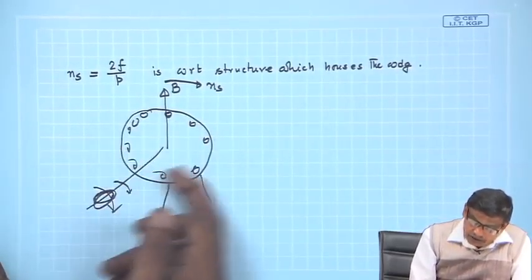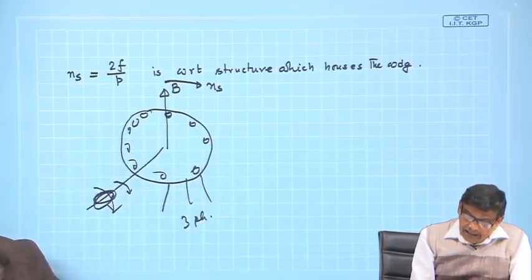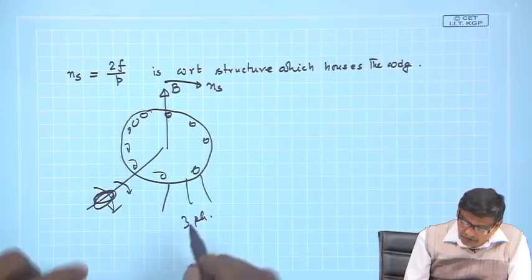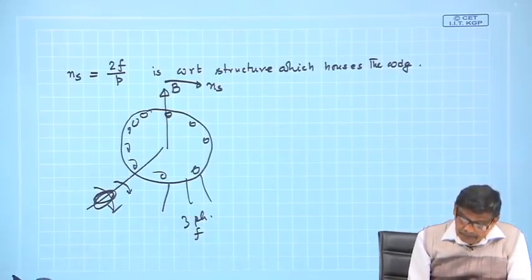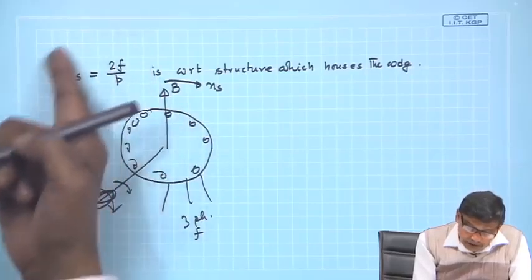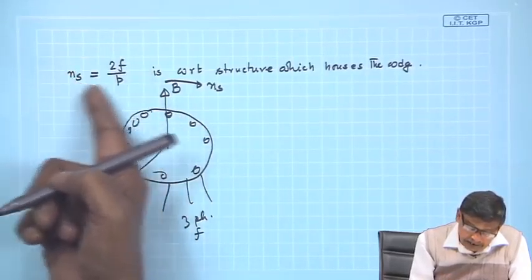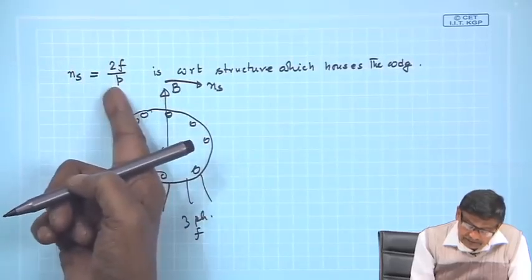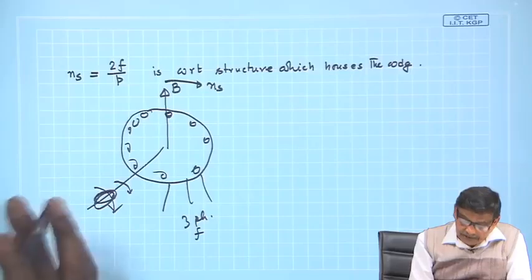This body, rotor body, houses a 3 phase winding and it is energized from a 3 phase supply of frequency f. Then I know there is a rotating magnetic field of constant strength and its mechanical speed is this much, suppose moving in the clockwise direction, that is fine.